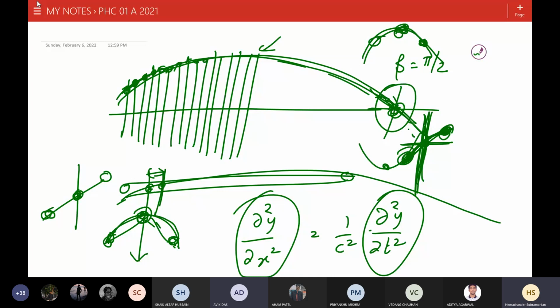This is exactly the same scenario as simple harmonic oscillation, where the force at the center is 0 and the force at the edges is high. So the particles here oscillate in simple harmonic motion. Fair enough? Yes, sir.